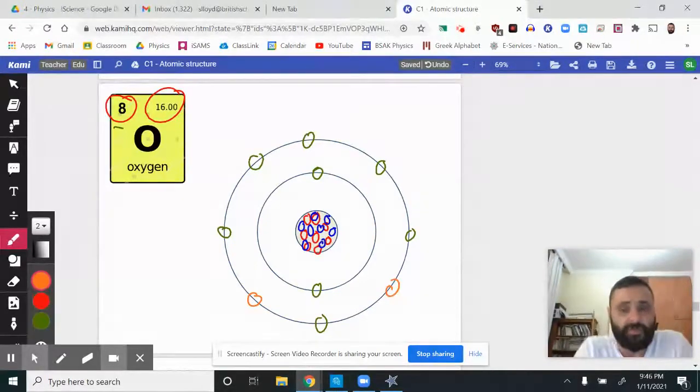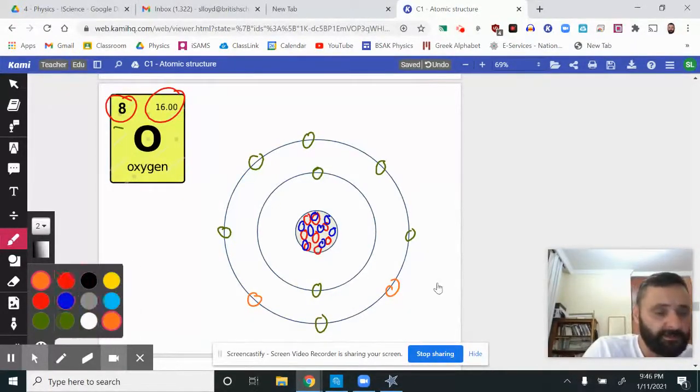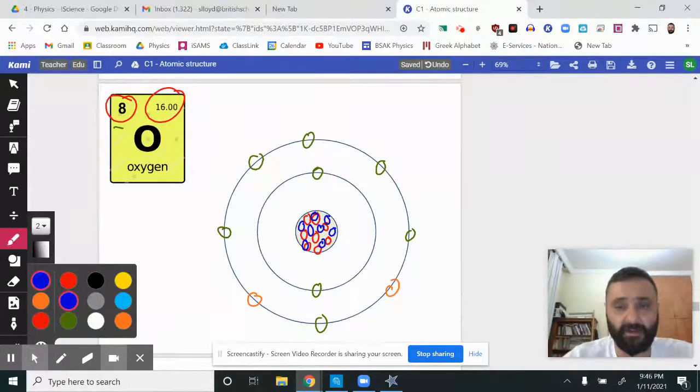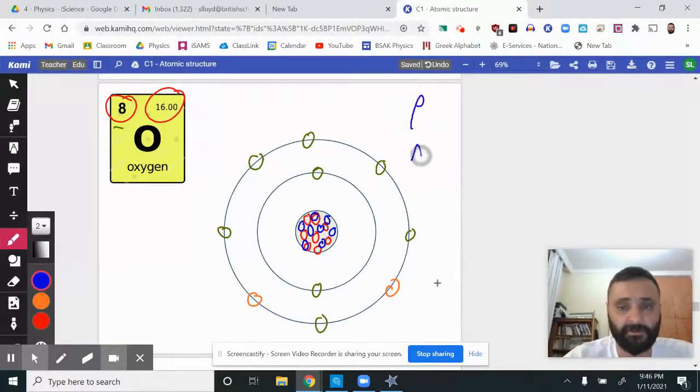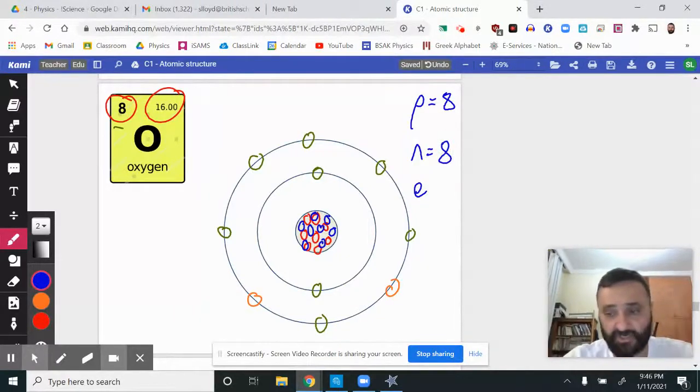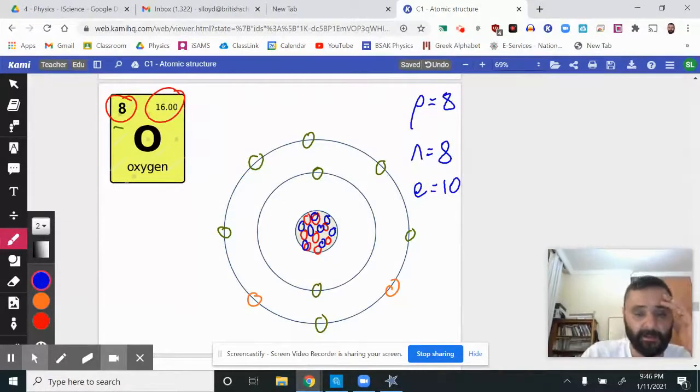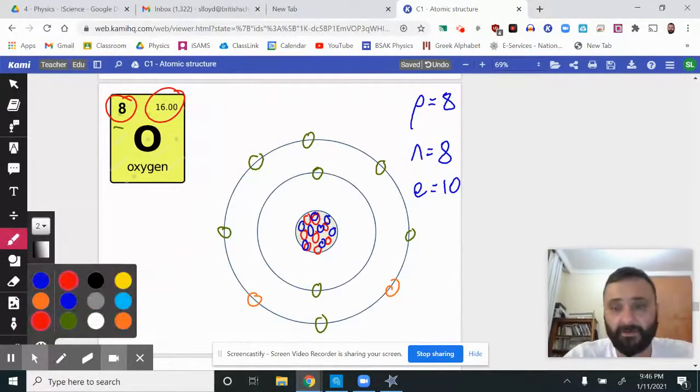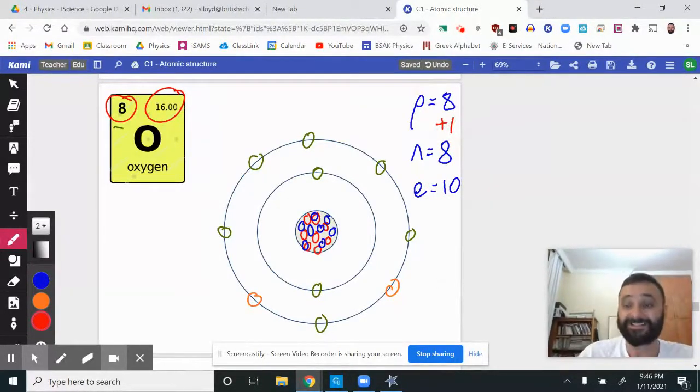Okay? So what have we got now? What have we got inside this oxygen ion? Protons, neutrons, electrons. Right. Number of protons, 8. Doesn't change in the nucleus. Number of neutrons, 8. Doesn't change because it's in the nucleus. Now we have 10 electrons. Right, we've got 8 lots of plus 1. We've got 10 lots of minus 1.